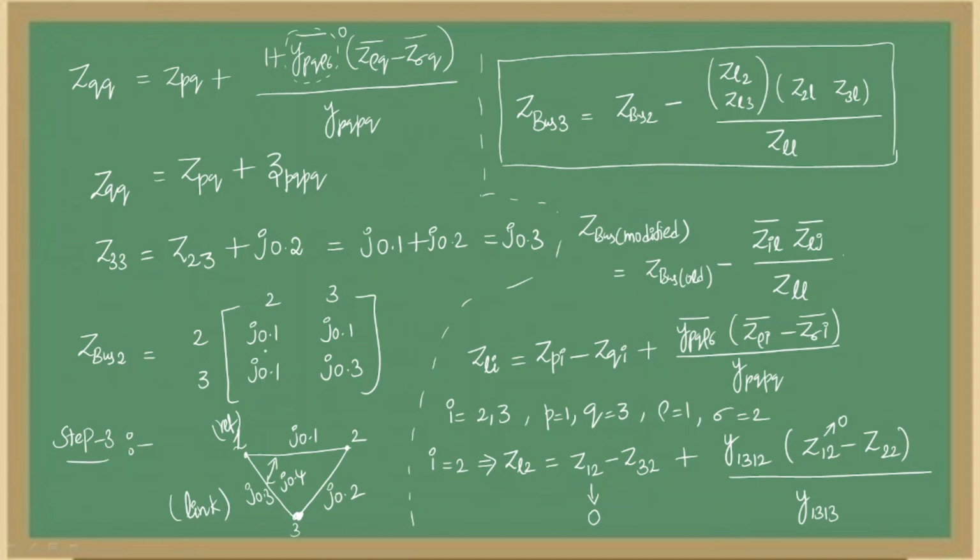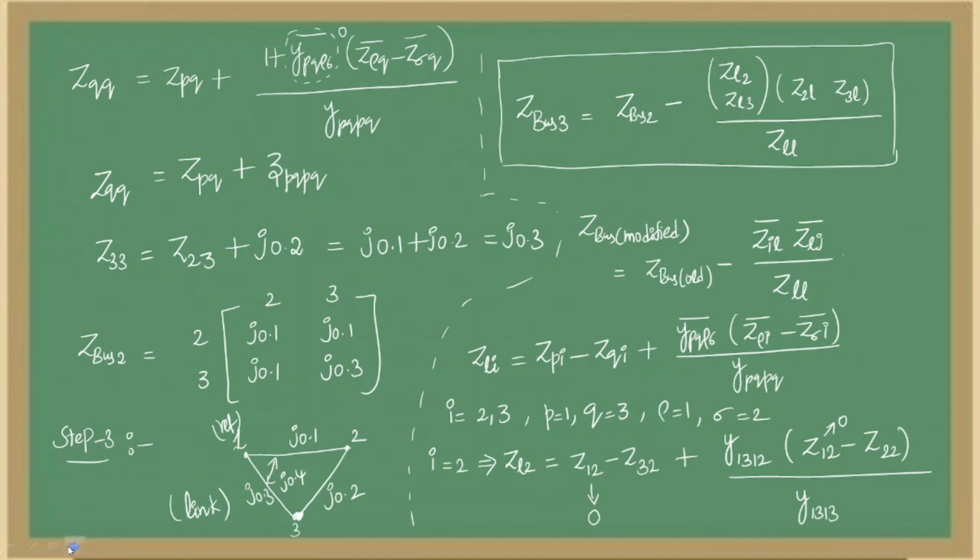Z32 is J 0.1, as you can consider from this matrix Z bus 2, it is J 0.1. So we know this value already, and you need to find this value in order to find ZL2. When you find ZL2, ZL3 and ZLL, by substituting all these things here, you will get Z bus 3.